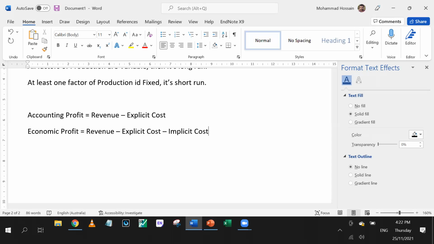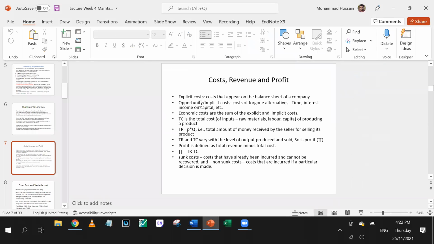All right, let's move on. Explicit costs appear on the balance sheet of a company, the profit and loss account, that you can see. But implicit cost or opportunity cost of foregone alternatives, time, interest, income on capital, these things are known as implicit cost or opportunity cost.